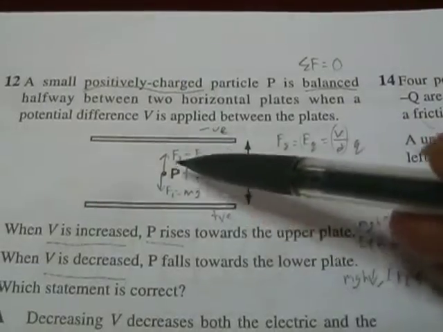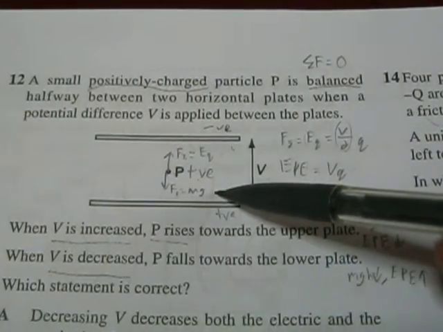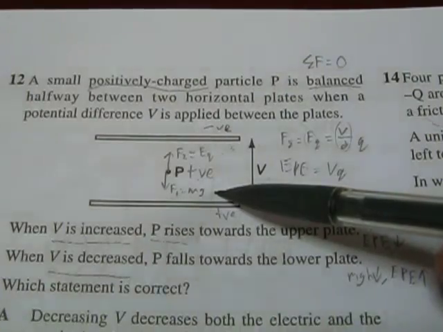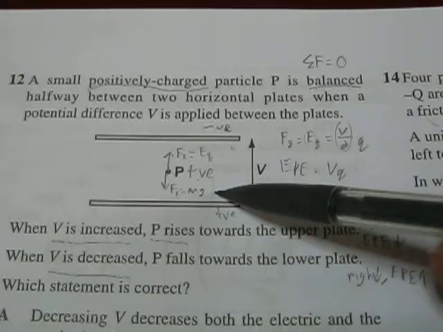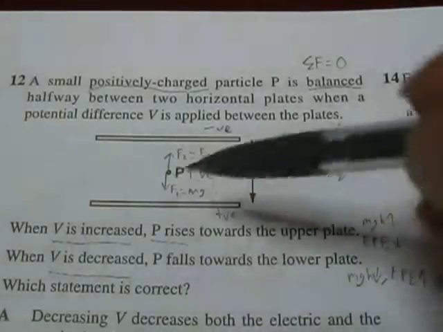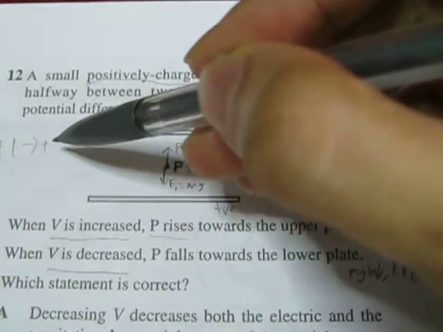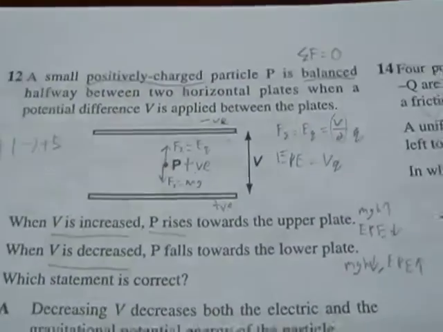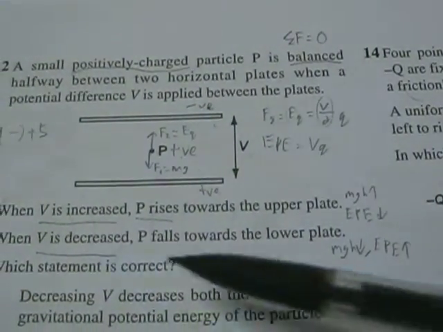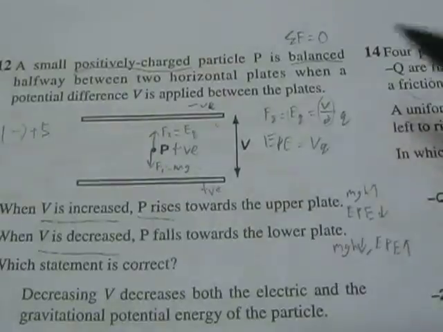Same thing: if earlier it was 1 volt, and then it moves lower to, let's say, positive 5, from positive 1 joule to positive 5 joules, you notice there's an increase in EPE. So if V decreases, P falls towards the lower plate, mgh decreases, and EPE increases.